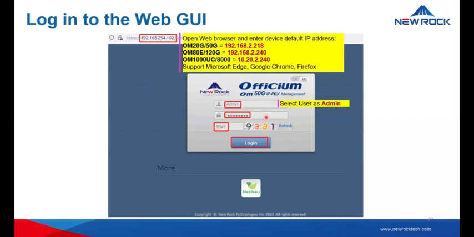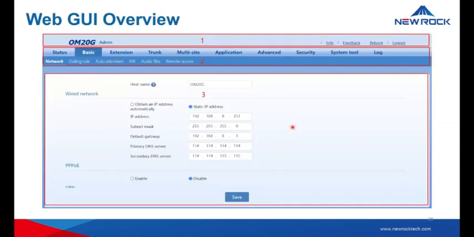Of course, you need to input the default password. Generally, we have a random password for the 20G and OM50G. However, for the bigger devices, we already put it on your box as well. Here, you need to enter the CAPTCHA and click to log in. After that, you're able to log into your device.